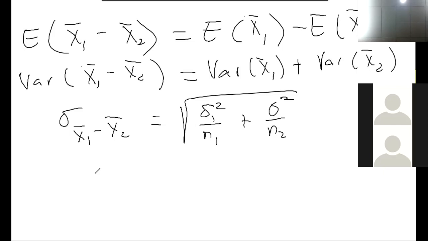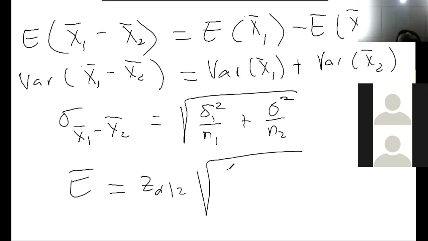But when we take the difference, it is now sigma 1 square over n1 plus sigma 2 square over n2. So E will be z alpha over 2 square root of sigma 1 square over n1.